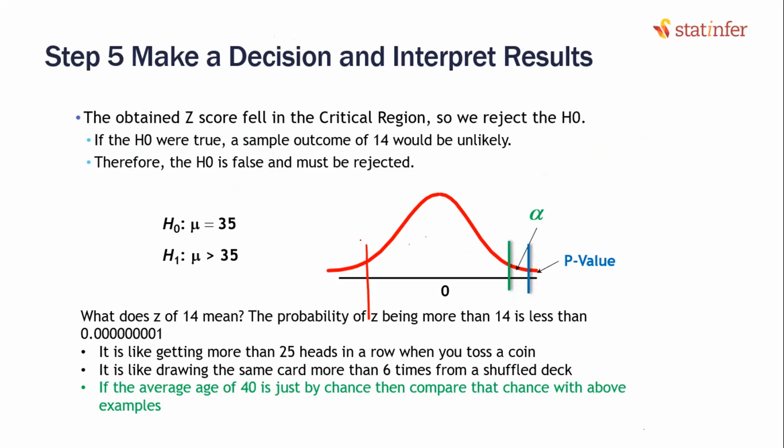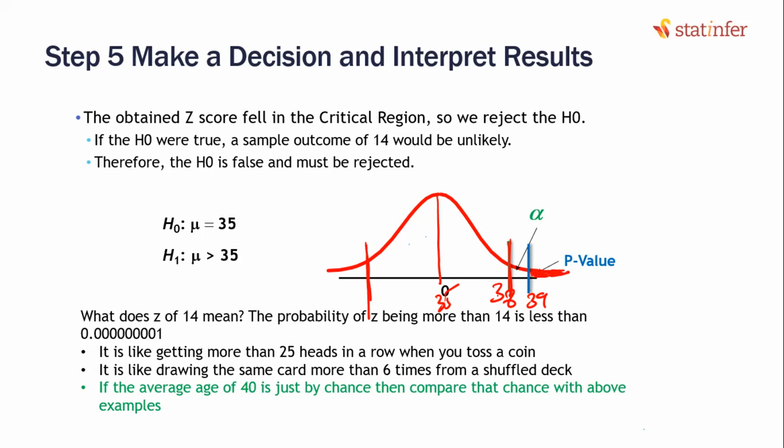Let us suppose these are your limits that you have accepted, and the sample statistic falls here. Let us suppose this is 35, this is like 38, and the sample statistic value is 39. The P value is from here, whatever is the probability of having this number or beyond this.